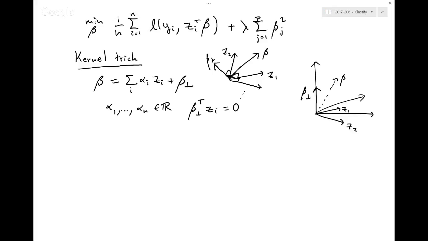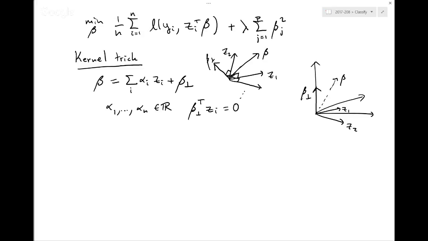This is sort of the opposite. Instead of thinking of the space of the features, we're thinking of the space of the samples themselves, right? So this is in p dimensions, and now we're thinking about beta as being some linear combination of these p-dimensional vectors, which are the samples, and then the orthogonal component.